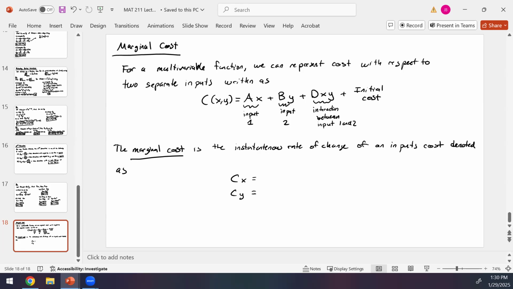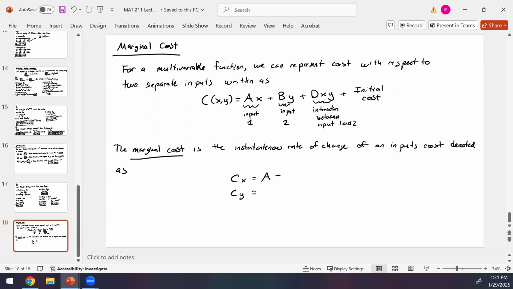So the partial derivatives with respect to x and y. If we were to take the partial derivatives of the function above, then the derivative of ax would just become a. The derivative of by would just become 0.